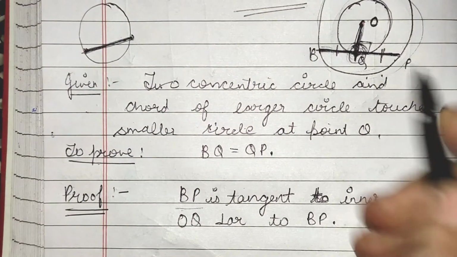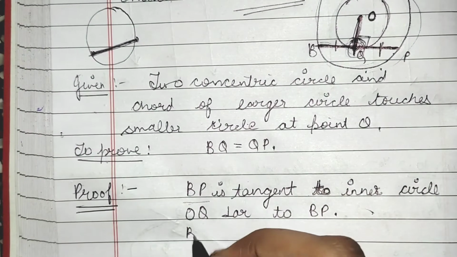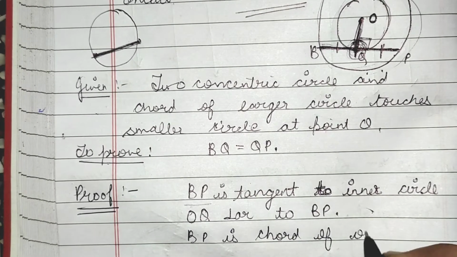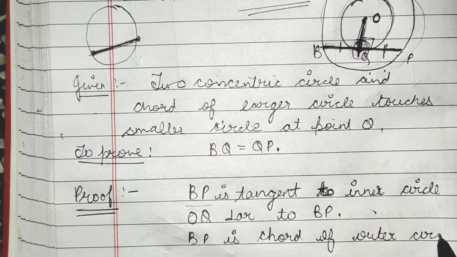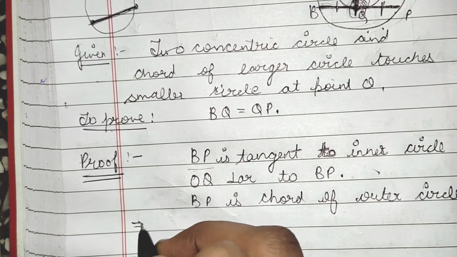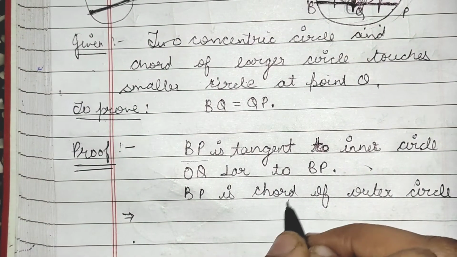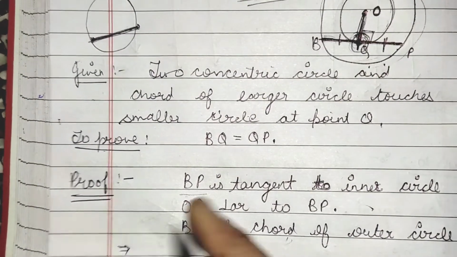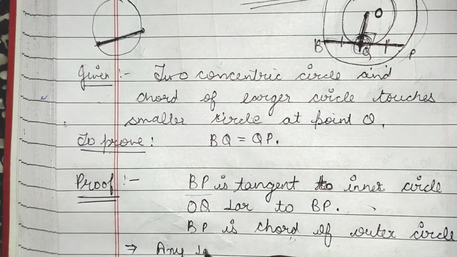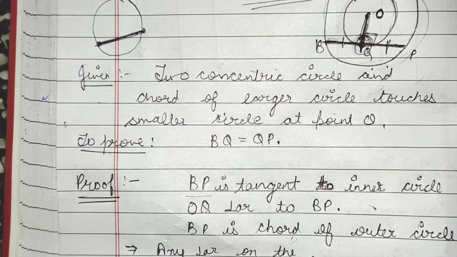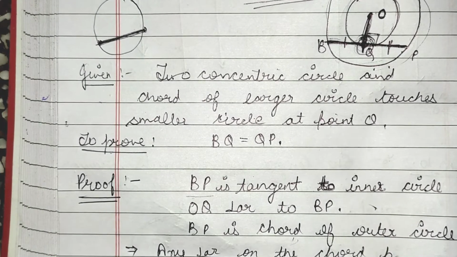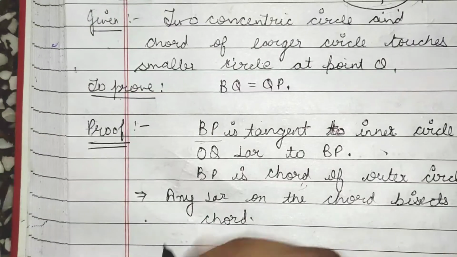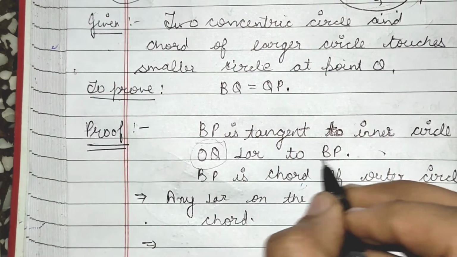Okay, so since BP is what? BP is chord of outer circle, right? So you have studied in your class 9th that any perpendicular on the chord bisects that chord. Okay, that means OQ is perpendicular to BP.